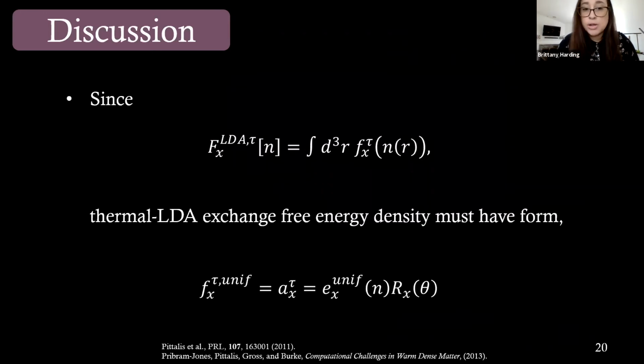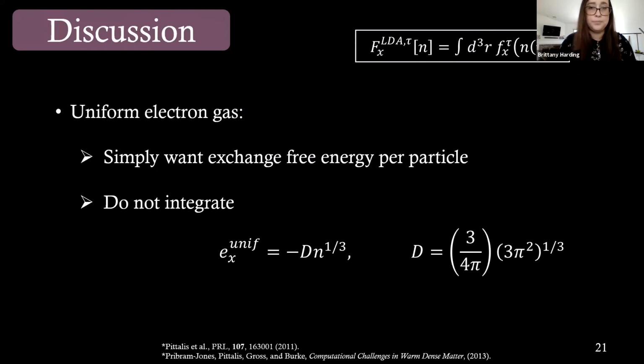And since the total LDA exchange free energy is equal to the following integral, a thermal LDA exchange free energy density must have the following form, where Fx is equal to the Ax in this work. But since we are employing the uniform electron gas in this method, we simply want the exchange free energy per particle. So we do not integrate, and we end up with a ground state exchange with the following form where D is this constant here. Okay, so we're not taking the integral.